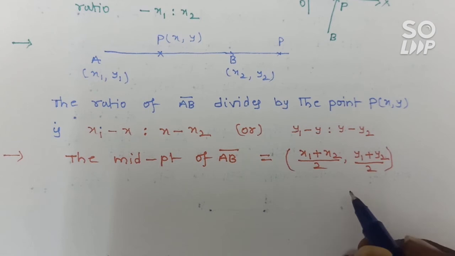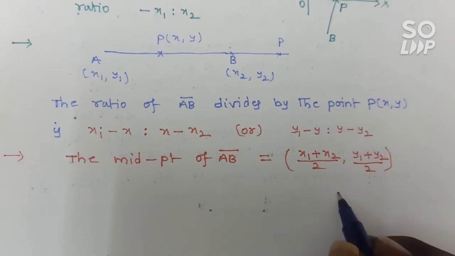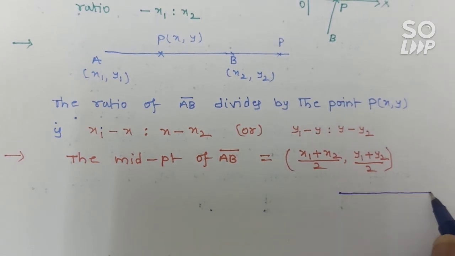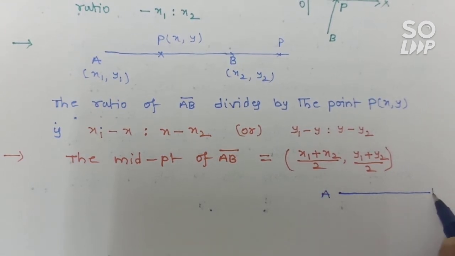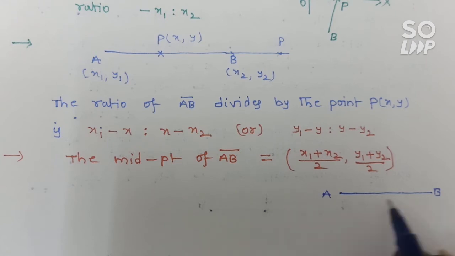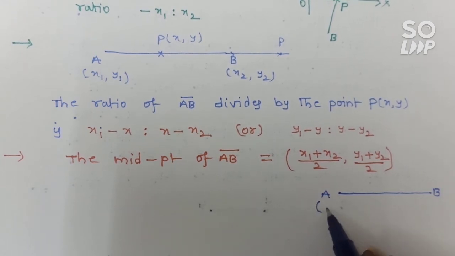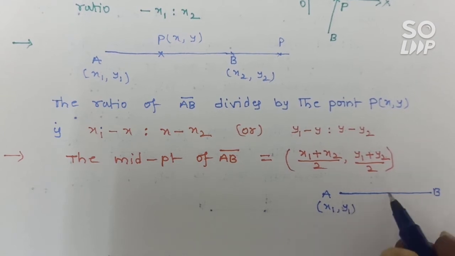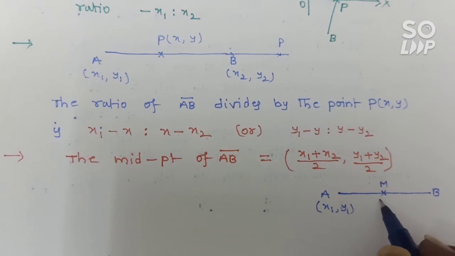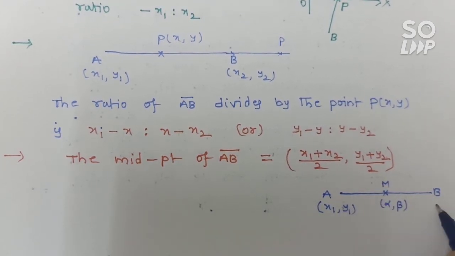Suppose I am given one end of the line segment, any end, either A point or B point. Suppose A point coordinates are x1 comma y1 and the midpoint M is equal to alpha comma beta.